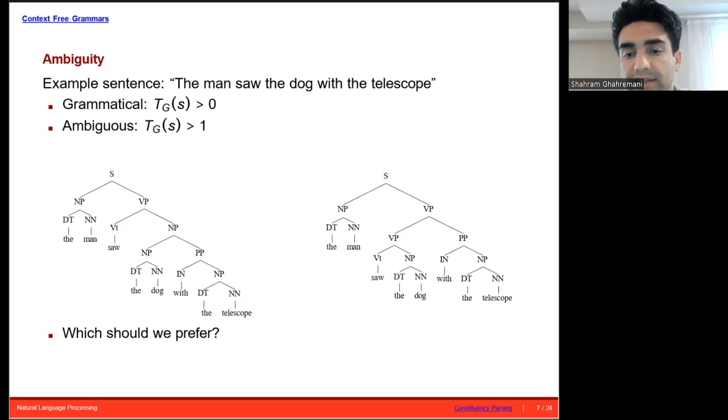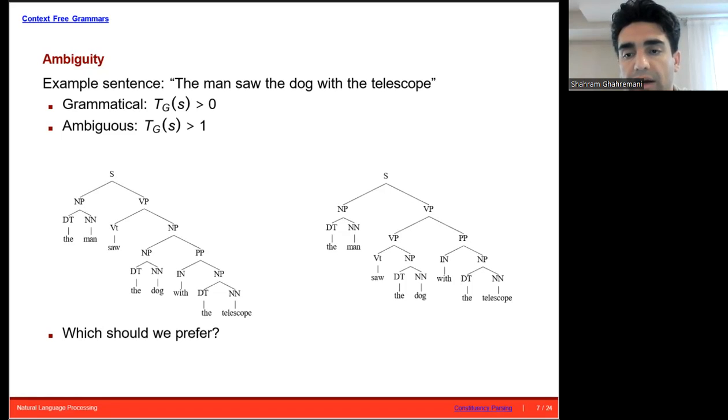So if you take the sentence, the man saw the dog with the telescope, under some grammar there could be two different parses that produce that sentence. And so this encodes the ambiguity of what the phrase with the telescope is modifying. In this case, we see that with the telescope is a prepositional phrase, PP, and it has some internal structure, and the ambiguity comes in as to whether that phrase is part of a noun phrase or verb phrase.